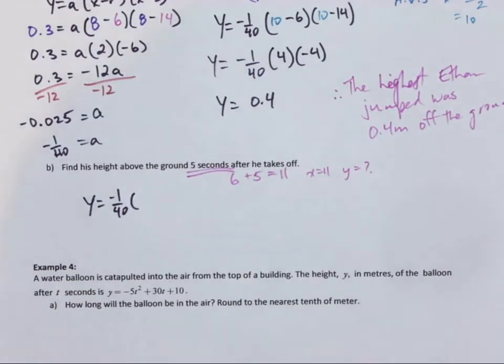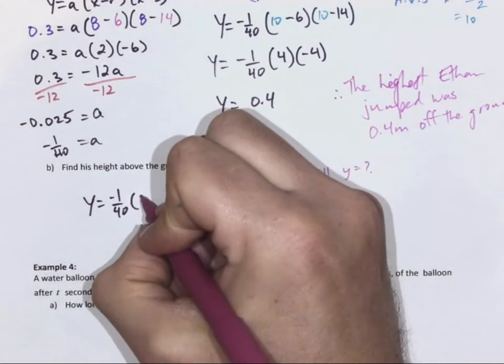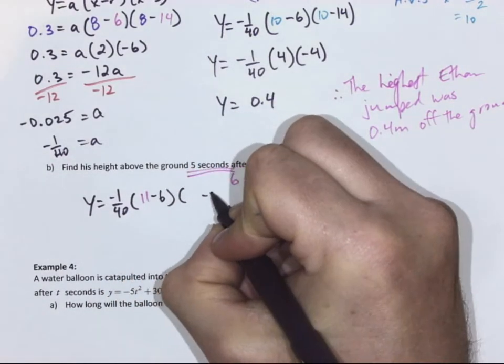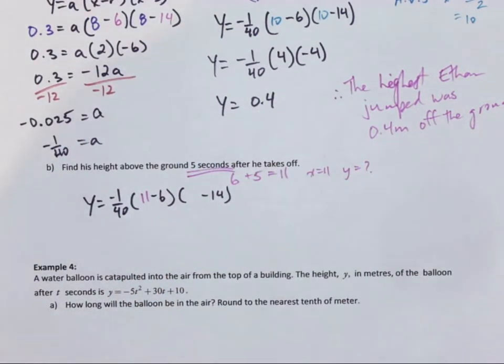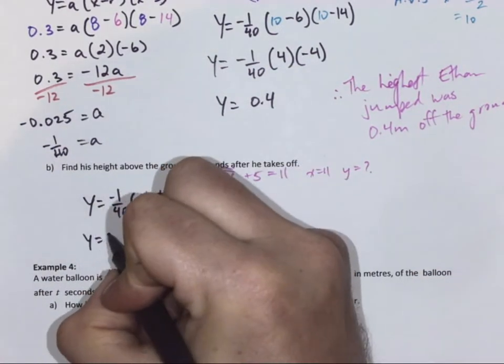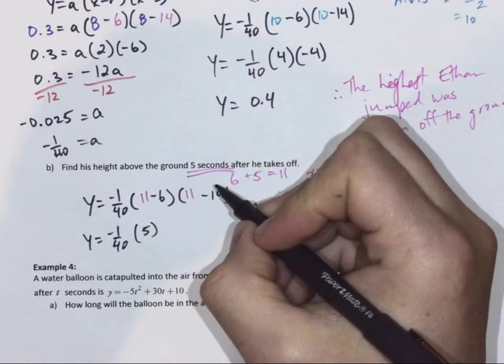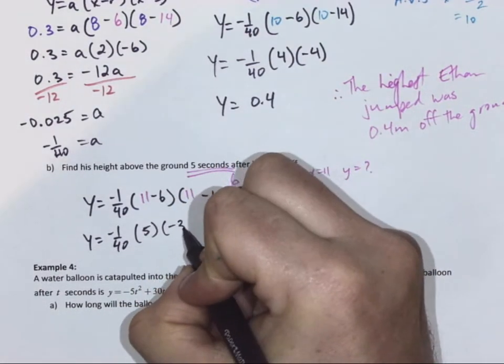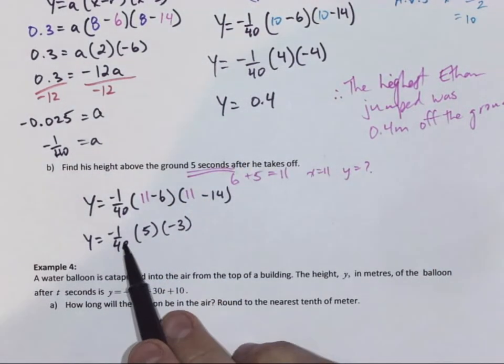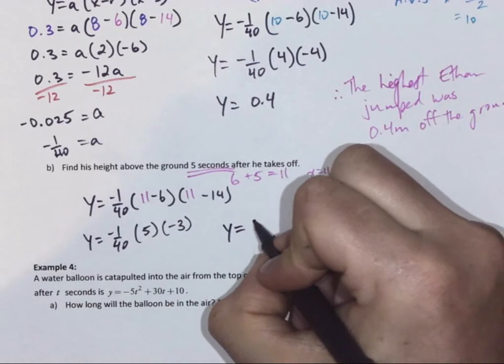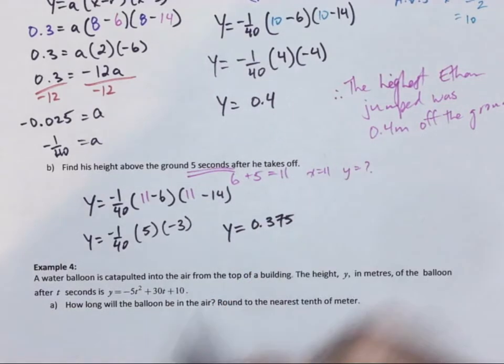Substitute in, x is 11. And now we solve. Negative 15 times negative 1 over 40 gives us y equals 0.375.